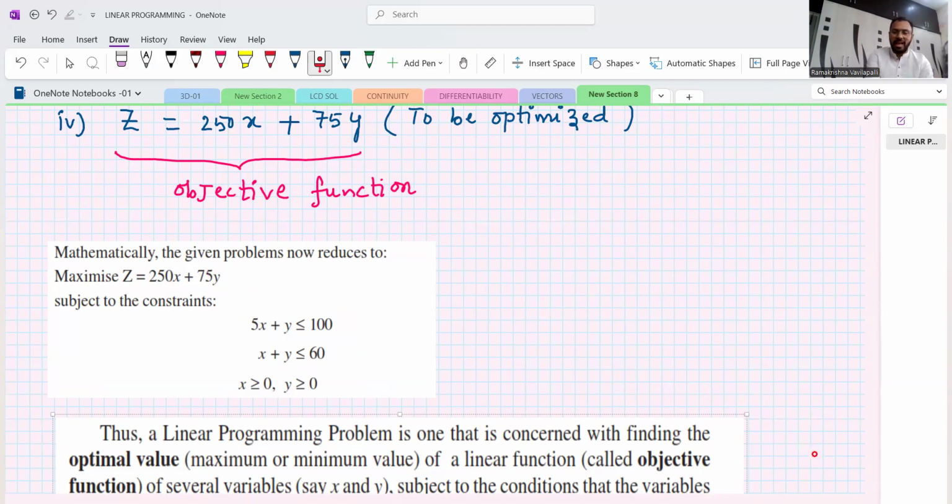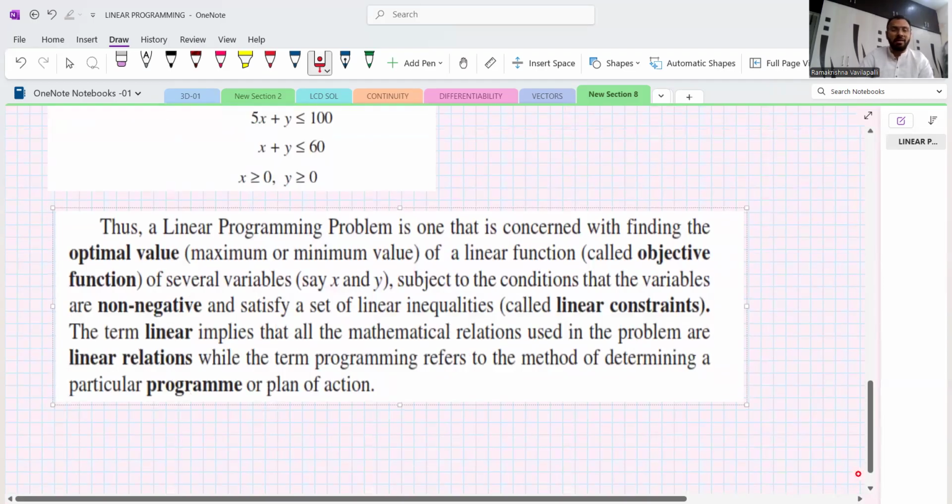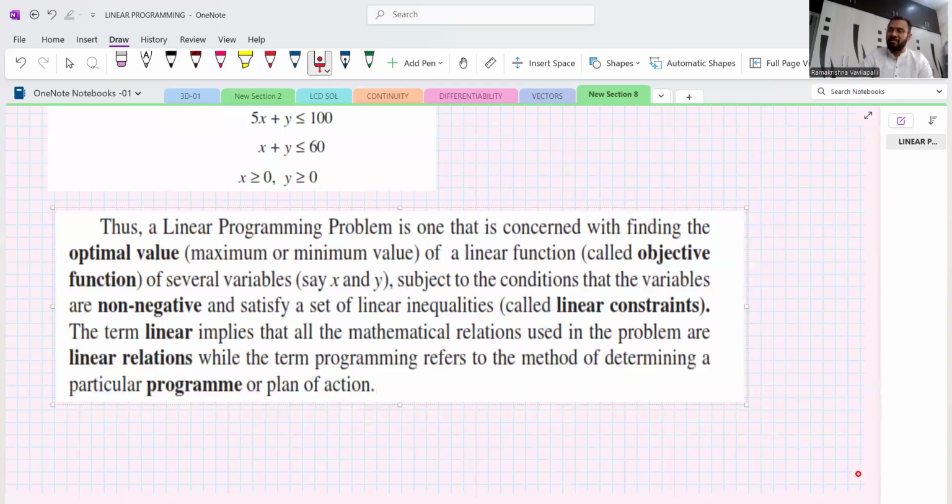So linear programming is one that is concerned with finding the optimal value, maximum or minimum, of a linear function called the objective function, of several variables, say x and y for the time being, though it can have x, y, z, any number of variables, subject to the conditions that the variables are non-negative and satisfy a set of linear inequalities known as linear constraints.